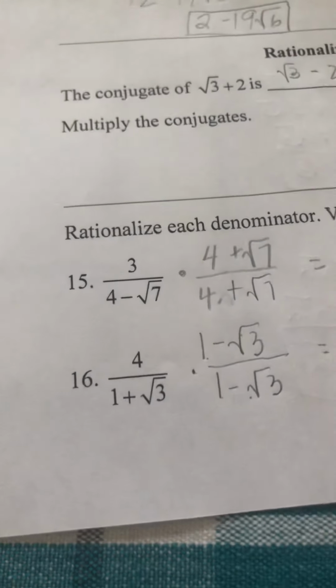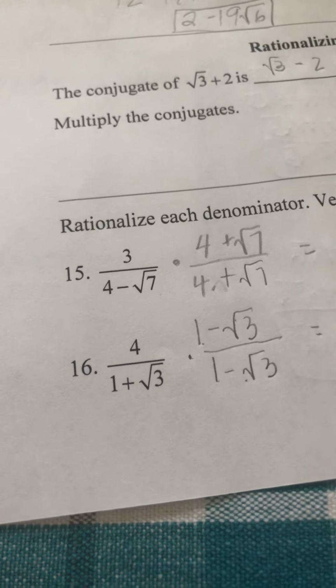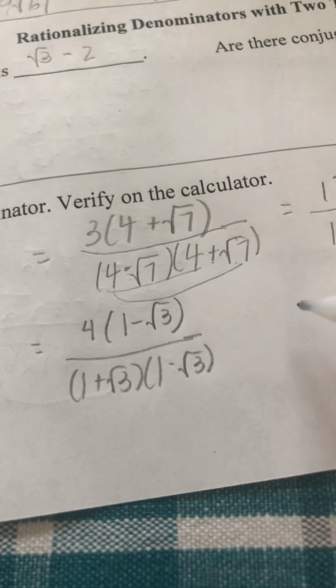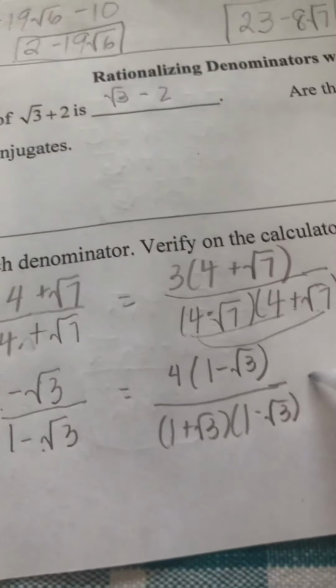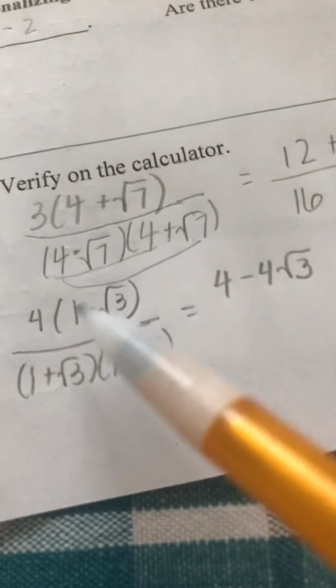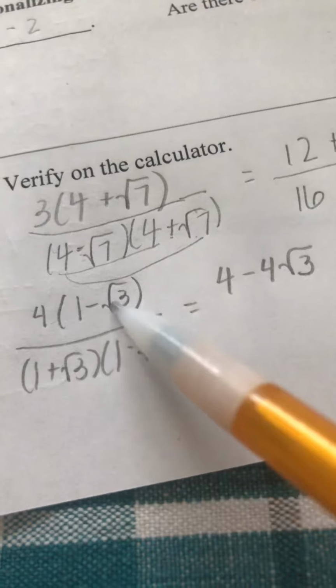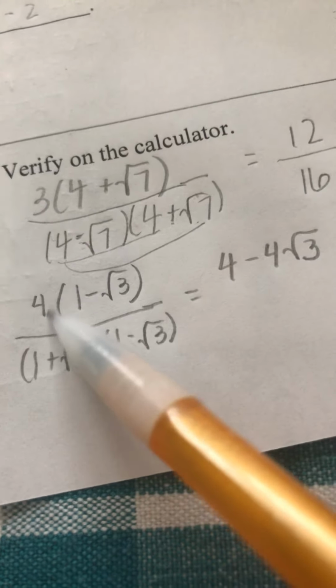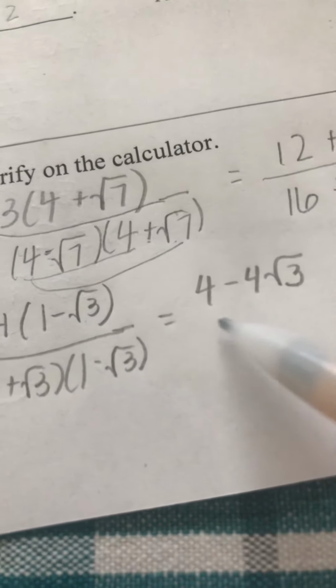In the denominator, it's a FOIL. So you get 4 minus 4 root 3 in the numerator. Okay, I just multiply those, okay? Remember, it's just 4 root 3 because that's not under a radical, and that is.